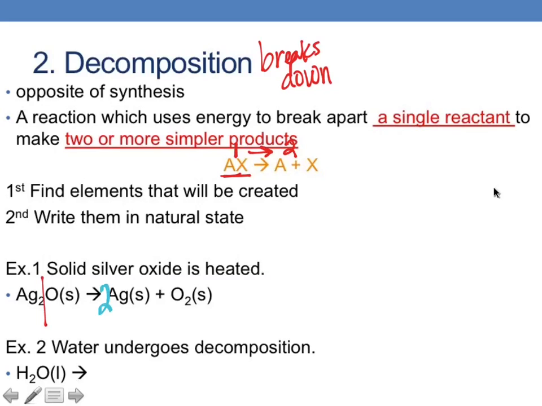So we need a 2 there. Oh, no, put 2 there. And now that gives me 4 silver. So 2, 4, 1. Biggest mistake will be you will just go Ag2 and then O. You'll break it apart just like you see it, but you don't. You put it into its elemental state.